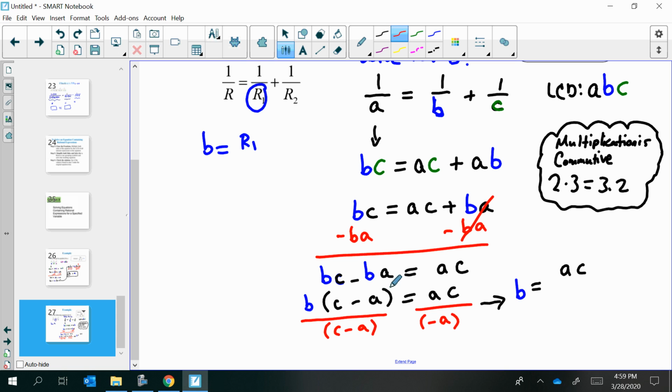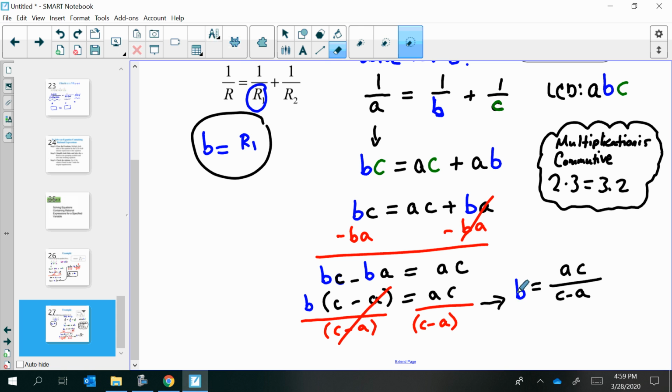Let me make sure I've got this right. And this isn't written quite right. I need to fix that. Okay, so now we've got it. So that's my answer right there, except for the fact that, remember, we used a placeholder for R sub 1. So I'll just change this back now to R sub 1.